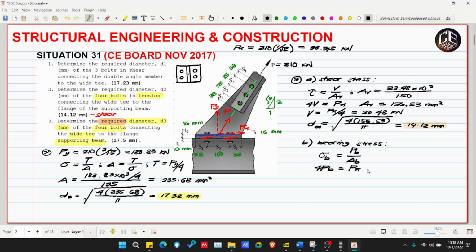So, ibig sabihin, ang ating PB is parehas lang, ito, 23.48. So, parehas lang sa ating shear force. Ayan. Pero, magkaiba sila ng bearing area. So, anyway, kunin mo natin yung bearing area. So, bearing area is equivalent to PB na 23.48 times 10 raised to 3 over bearing stress.